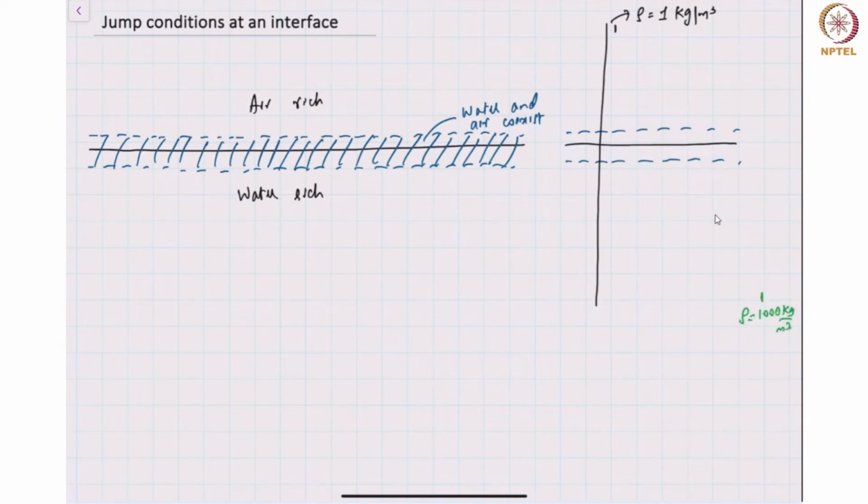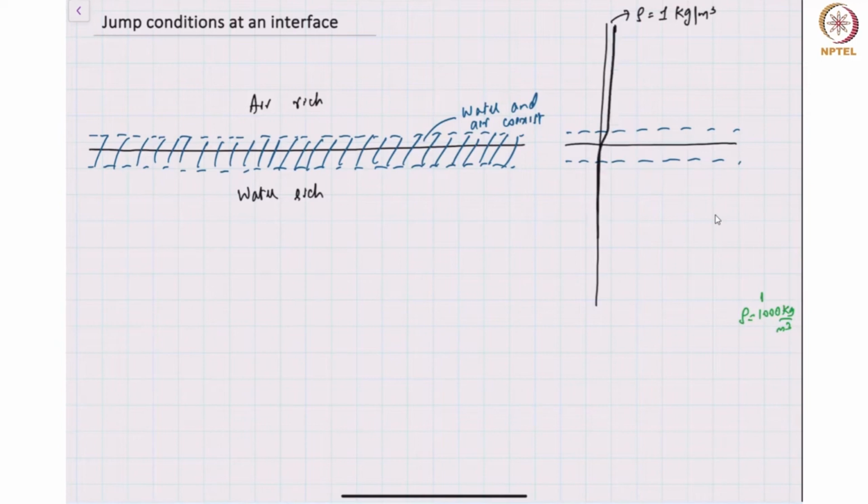What I mean by water-rich and air-rich region is this: if I plot the density of air, it will be by and large constant here, and then it will approach 0.